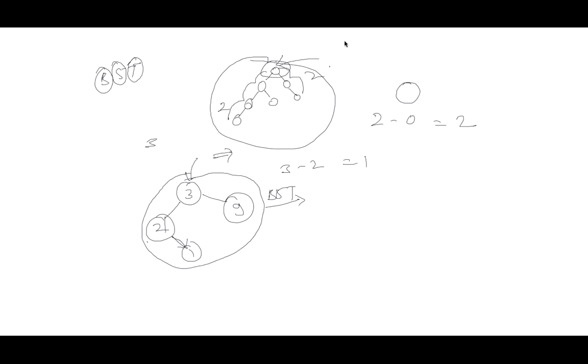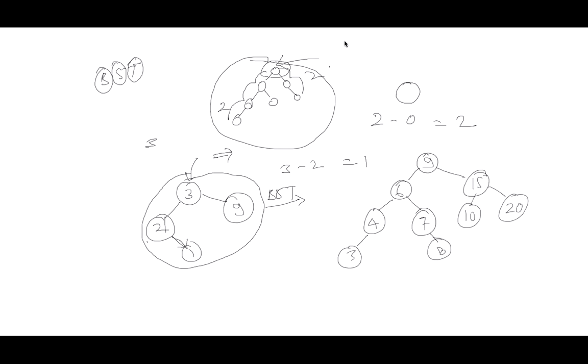Let's say 9, then we have 6, then 4, here we have 7, here we have 3, and here we have 8, and let's say here we have 15, 10, 20. So we just need to confirm whether this is a BST or not. So how can we confirm this?